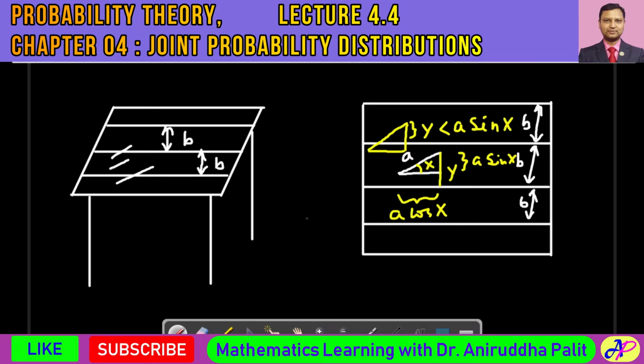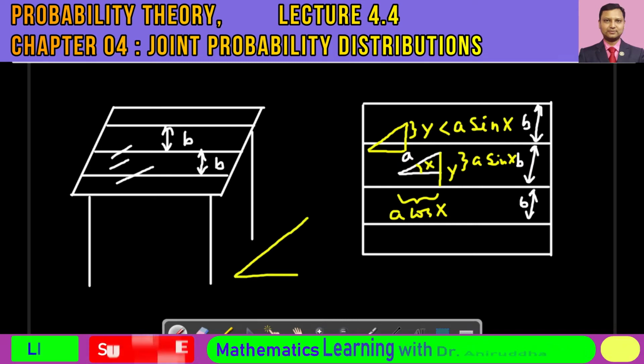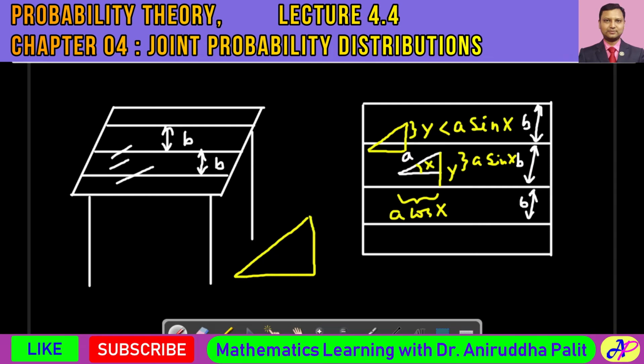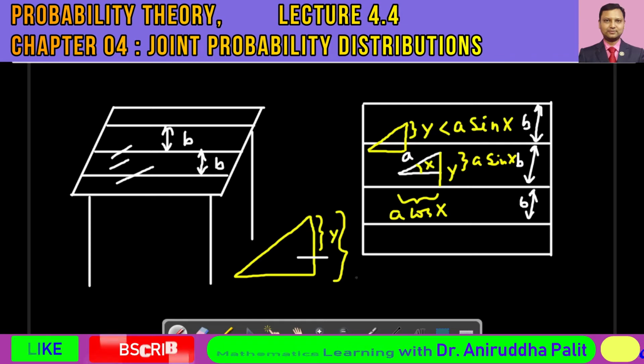Let me draw this one over here in a fresh fashion. I think it would make it a bit clear. Now you see, if you consider this kind of horizontal straight line, suppose this horizontal straight line is cutting over here, in that case this would be the distance y, and this would be our a sine of x.